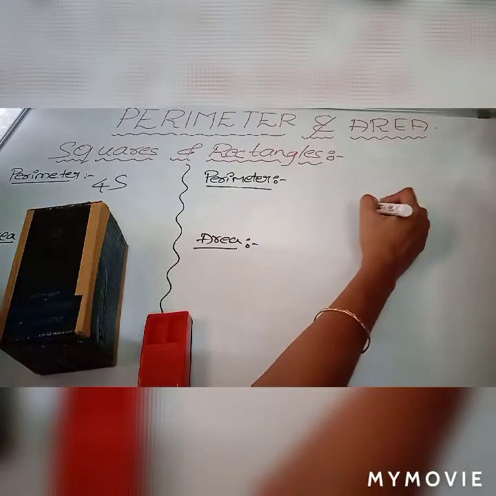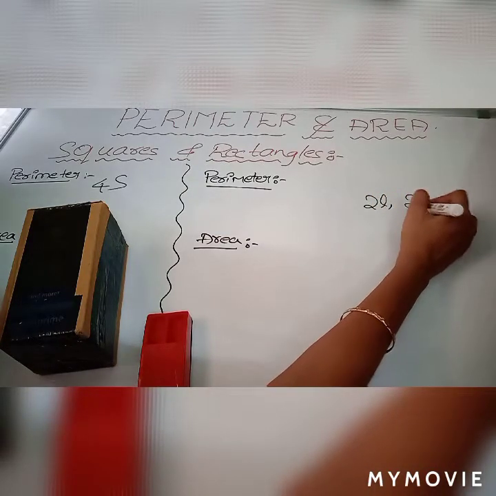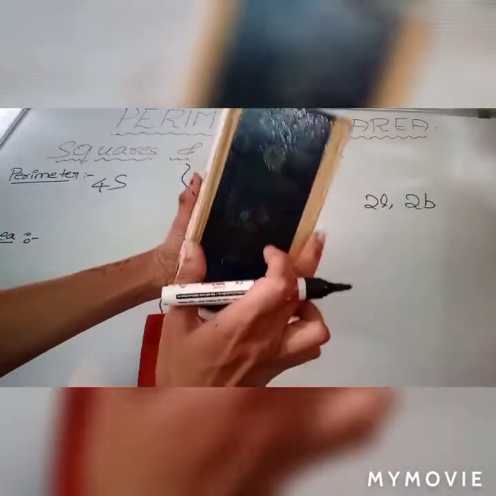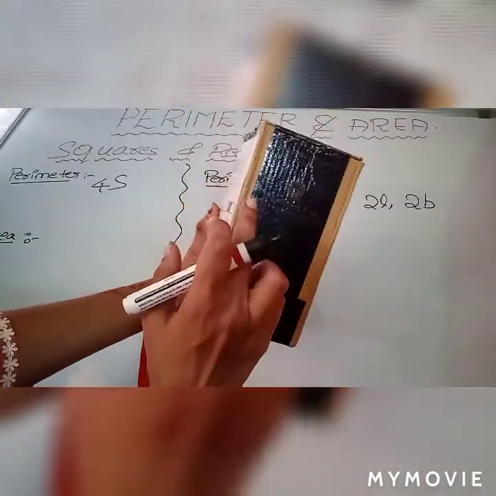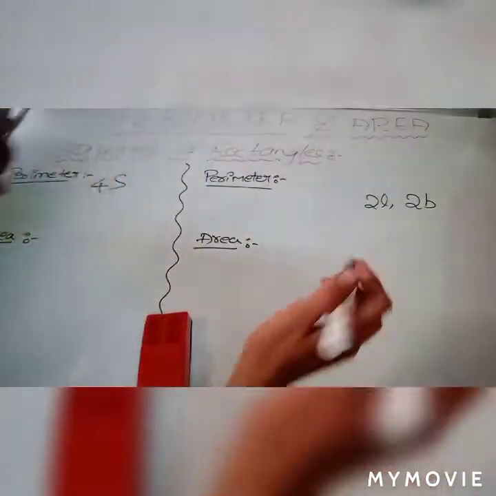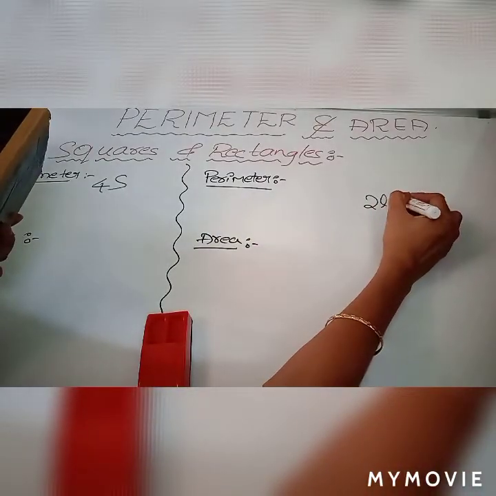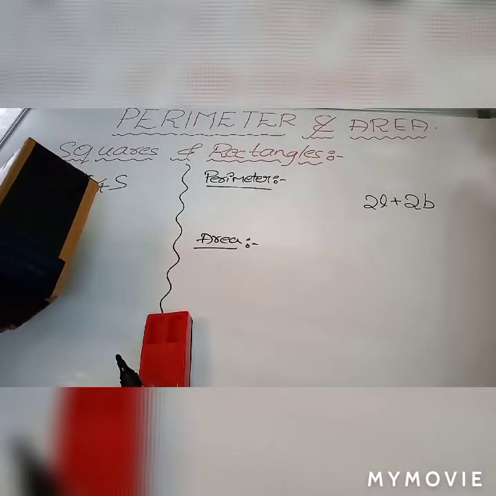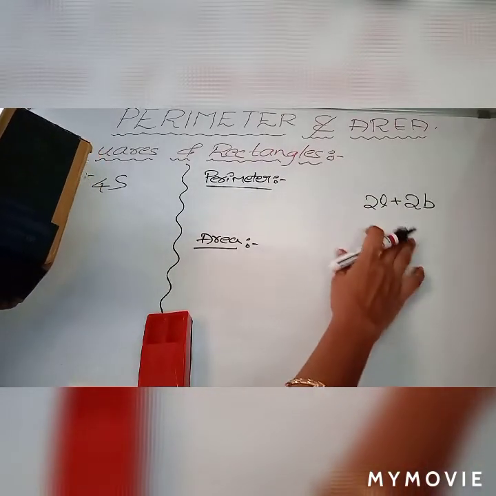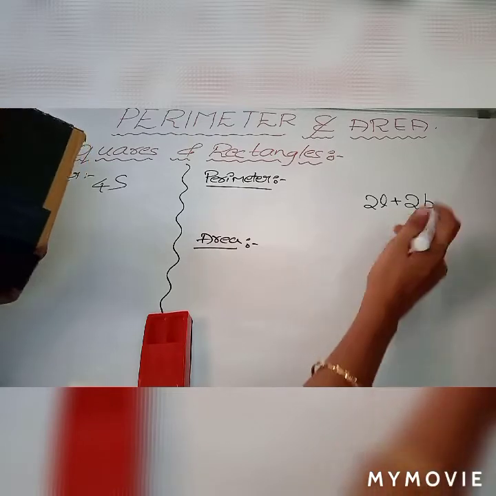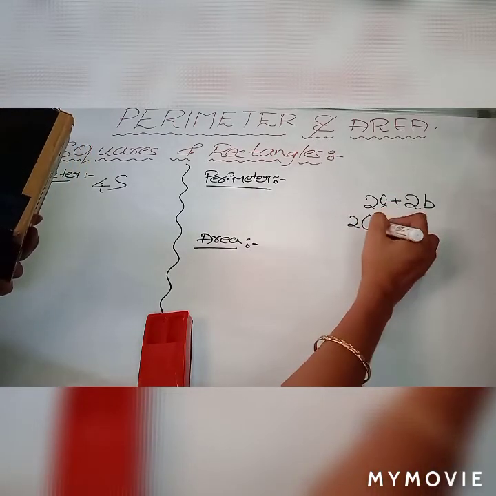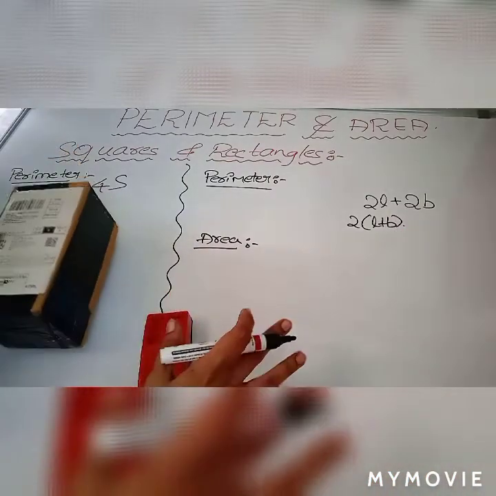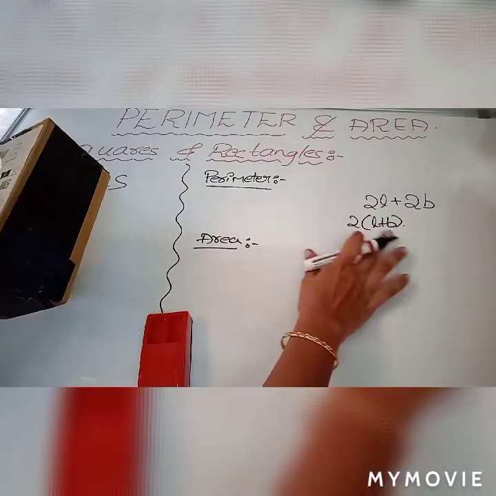Now we need to add these lengths and breadths: 2 lengths plus 2 breadths. Now we can take 2 as common. So 2 into L plus B. So the perimeter of a rectangle formula is 2 into L plus B.